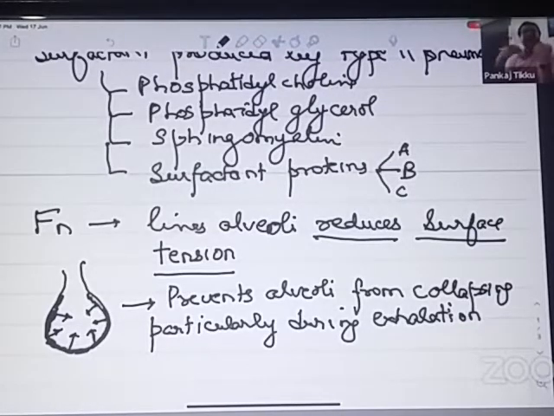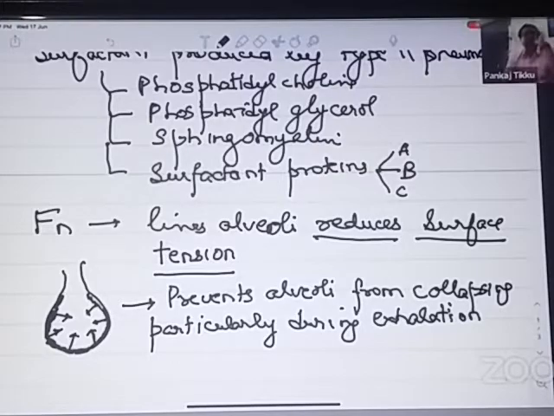Now when we exhale, when we put the air out, the surfactant which is lining the alveoli will prevent the alveoli from collapsing in the exhalation phase. And when the alveoli do not collapse, gas exchange will keep on occurring, which will be responsible for the child being able to breathe normally.